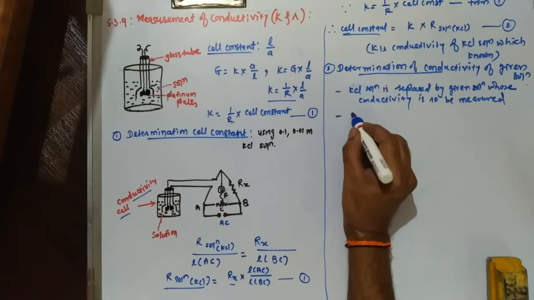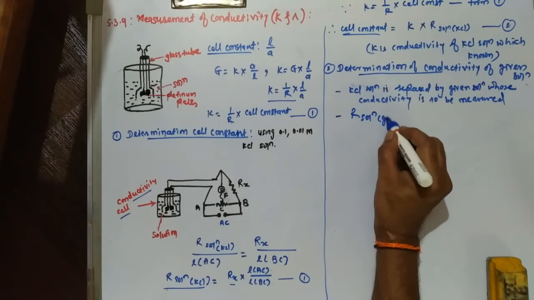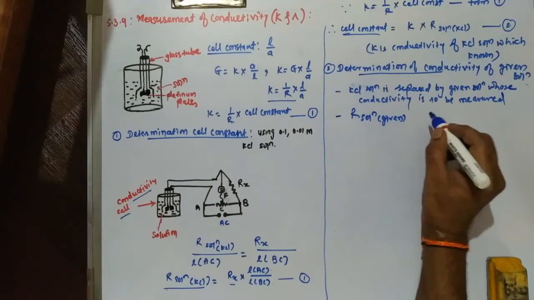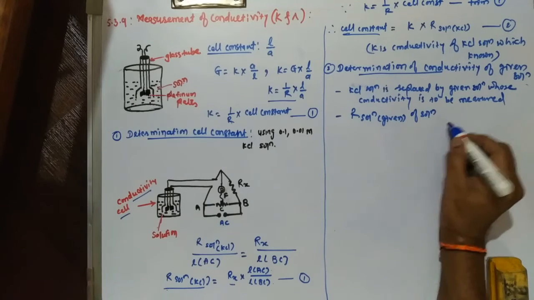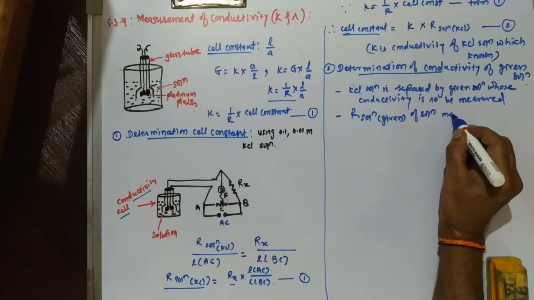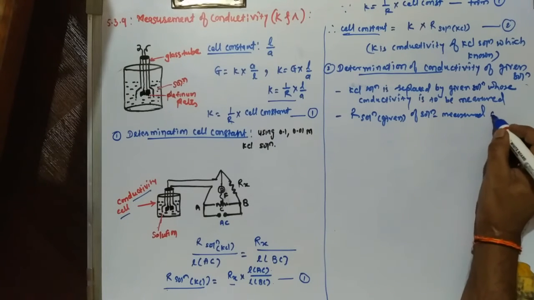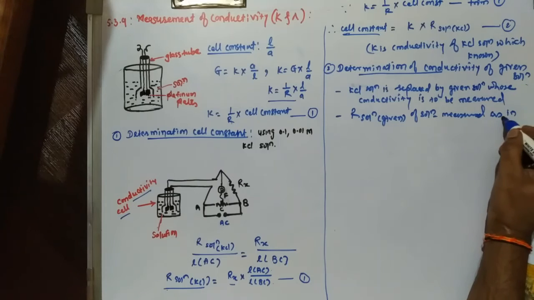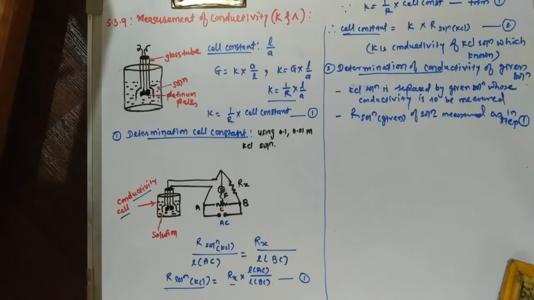The resistance of the given solution can be measured as in step 1 by using Wheatstone's bridge experiment.